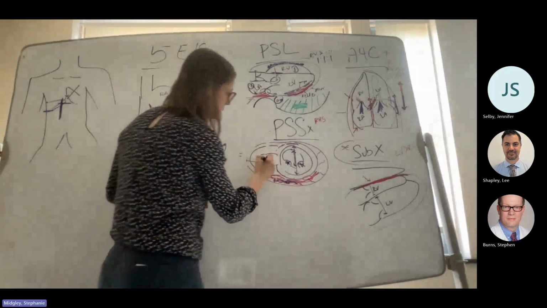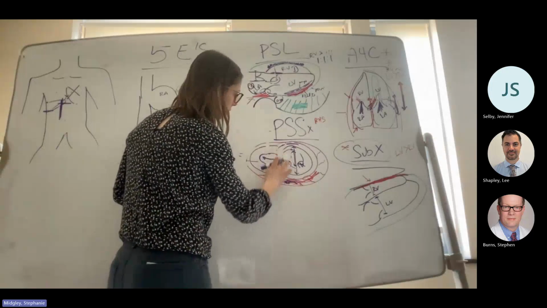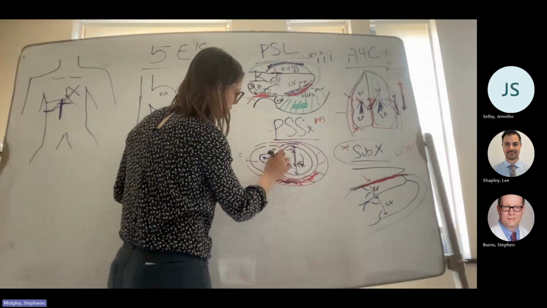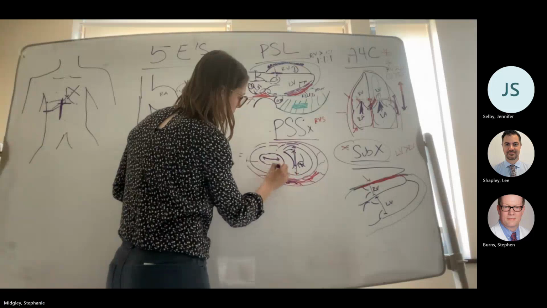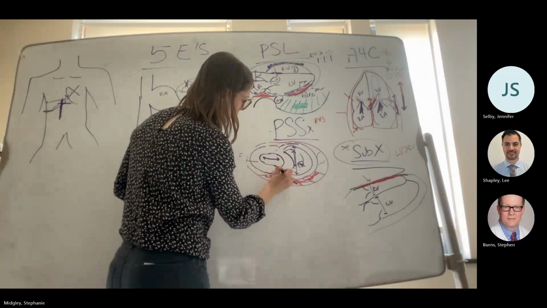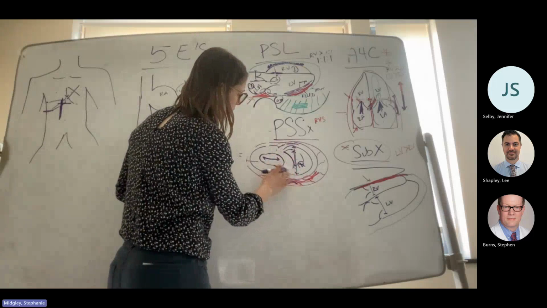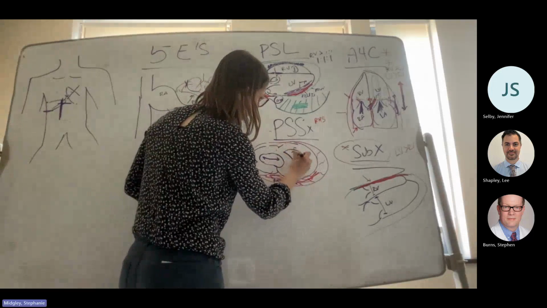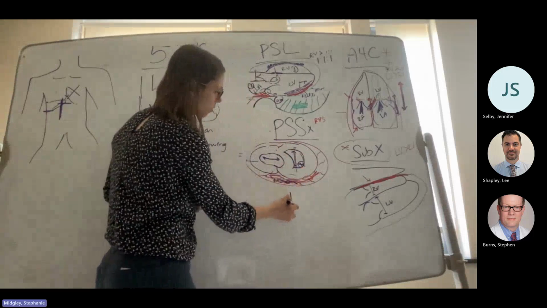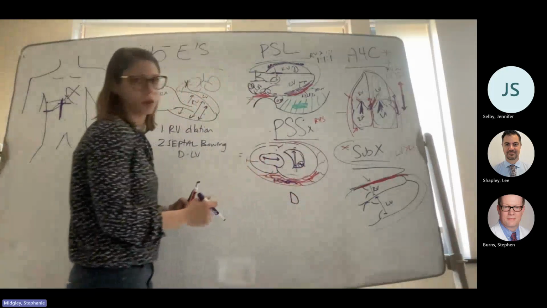And so what happens now is the pressure in my right ventricle overloads the pressure on my left, and that septum now starts to bow. And my LV starts to become a D and my RV gets enlarged.